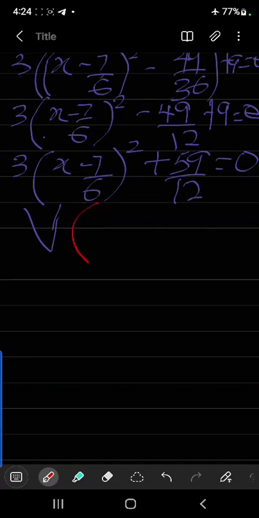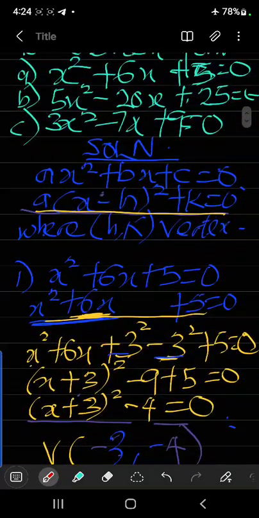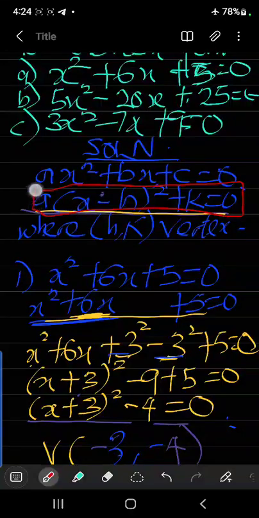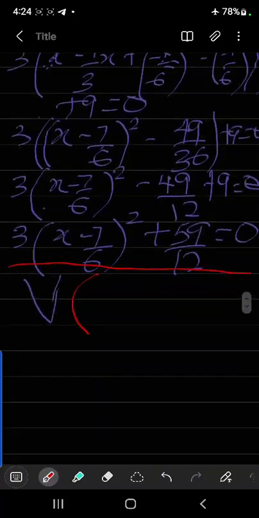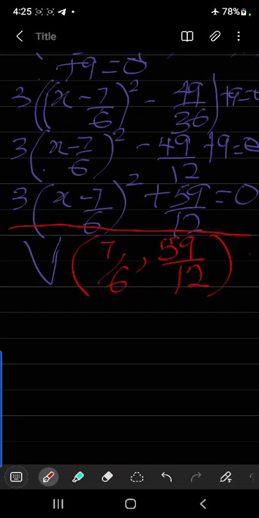Now comparing this equation to this expression here, that's a into brackets x minus h all squared plus k. Then we'll notice that our h is going to be 7 over 6, and our k is 59 over 12. And that's the vertex of this given quadratic equation.